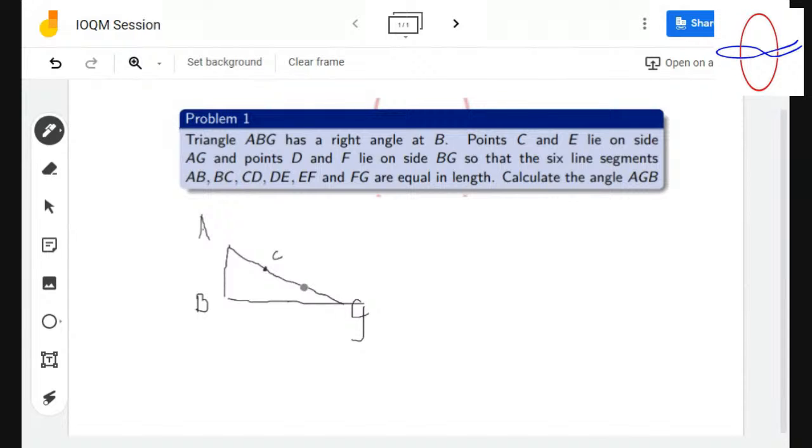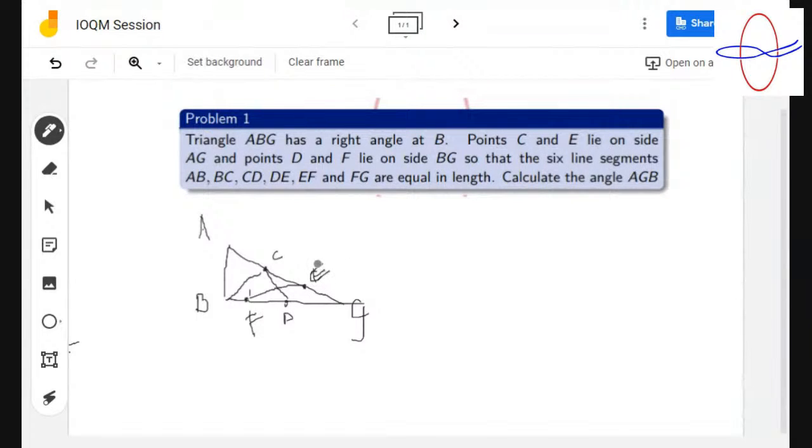C and E, and D and F lie such that the six line segments AB, BC, CD, DE, EF, and FG are all equal in length.